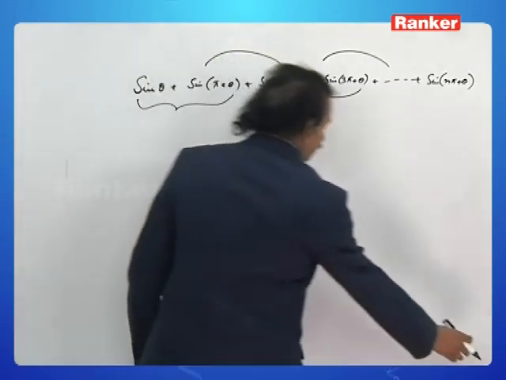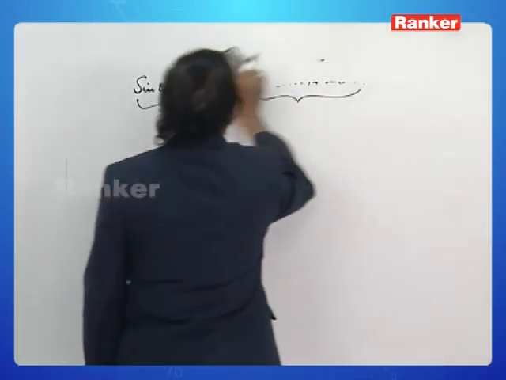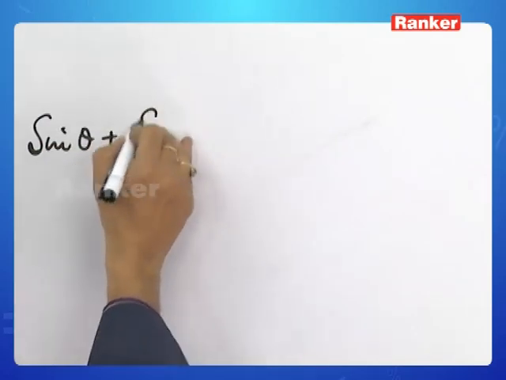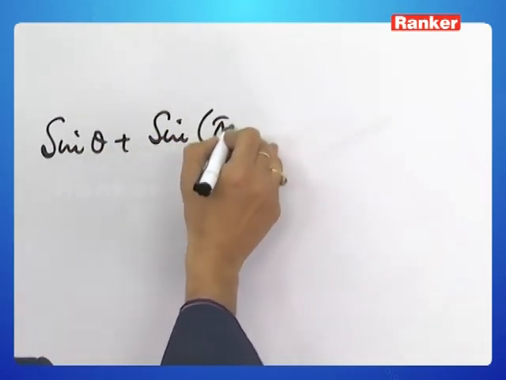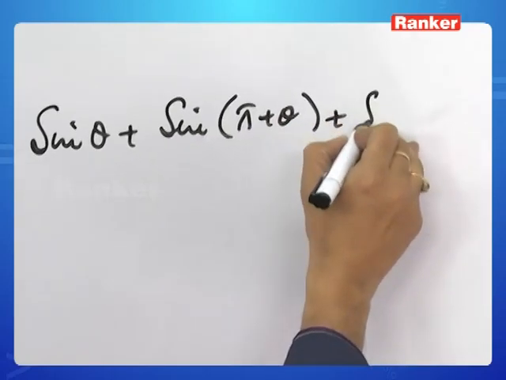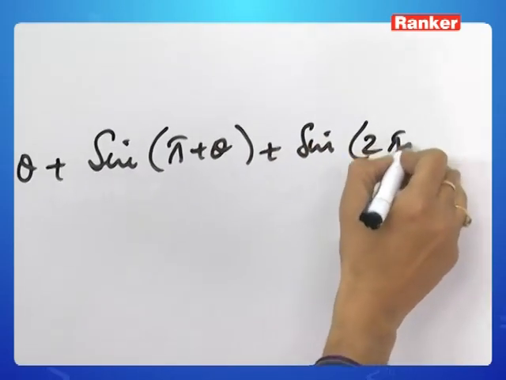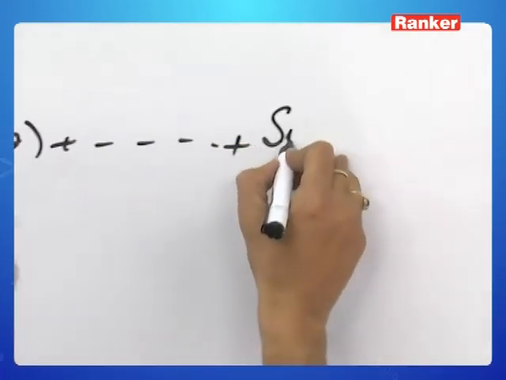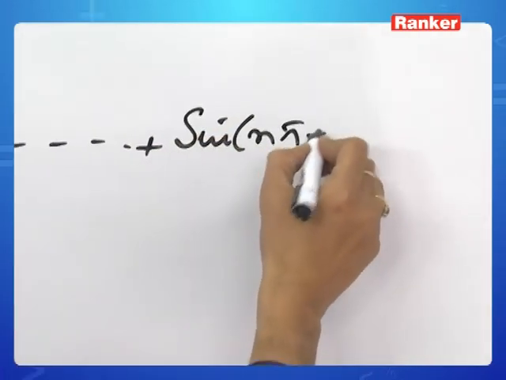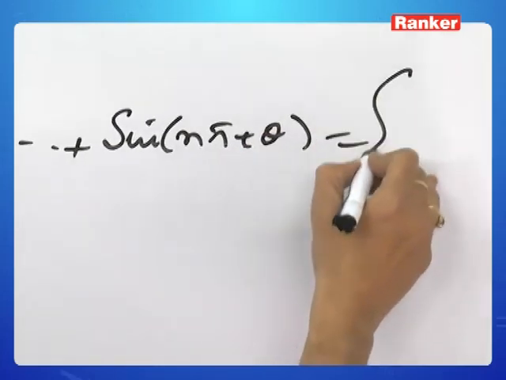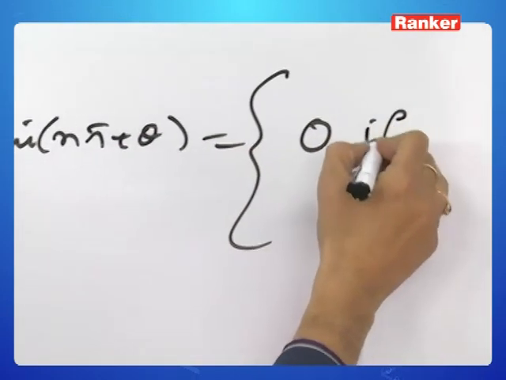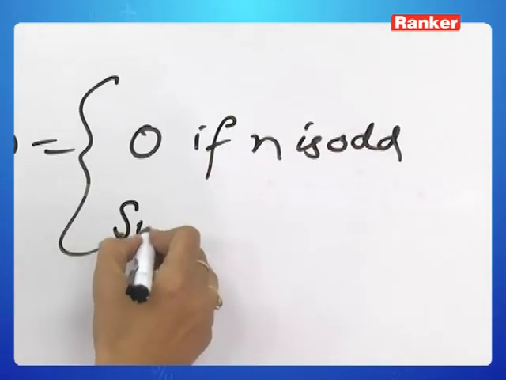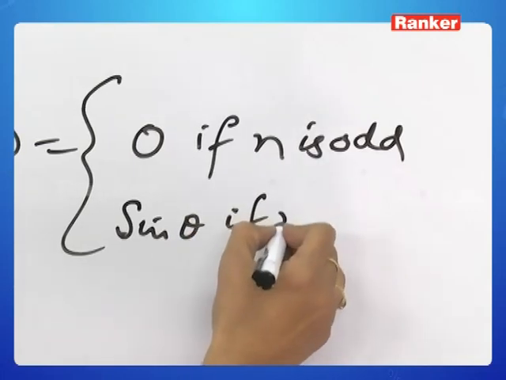So we will be able to produce the result as follows. Sine theta plus sine of pi plus theta plus sine of 2 pi plus theta plus etc., sine of n pi plus theta, is equal to 0 if n is odd, sine theta if n is even.